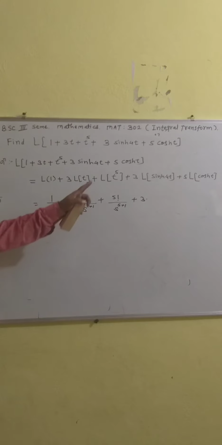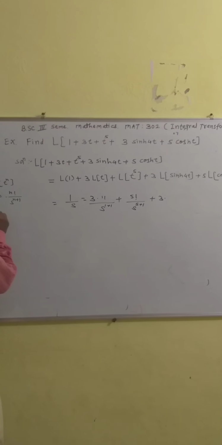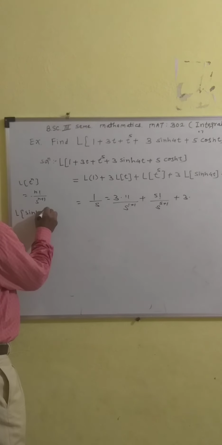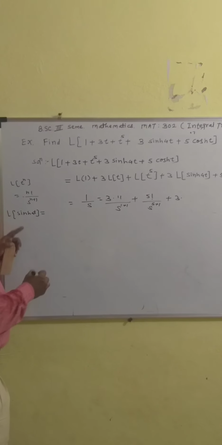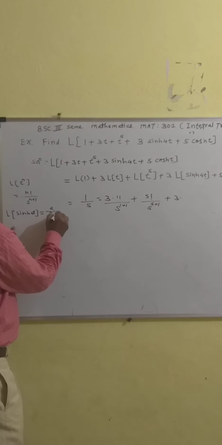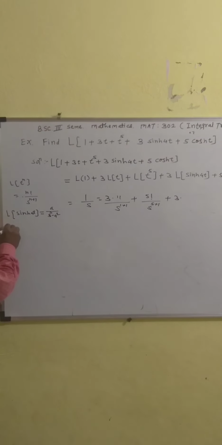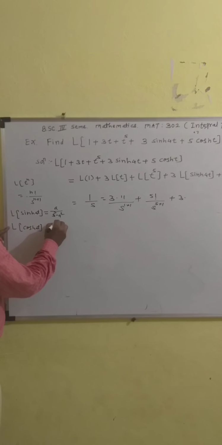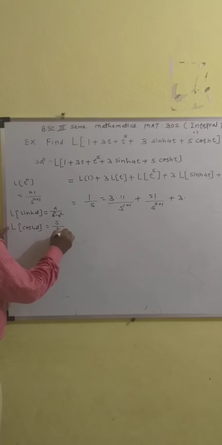And you know that the Laplace transform of sinh at is equal to a upon s square minus a square, and the Laplace transform of cosh at is equal to s upon s square minus a square.